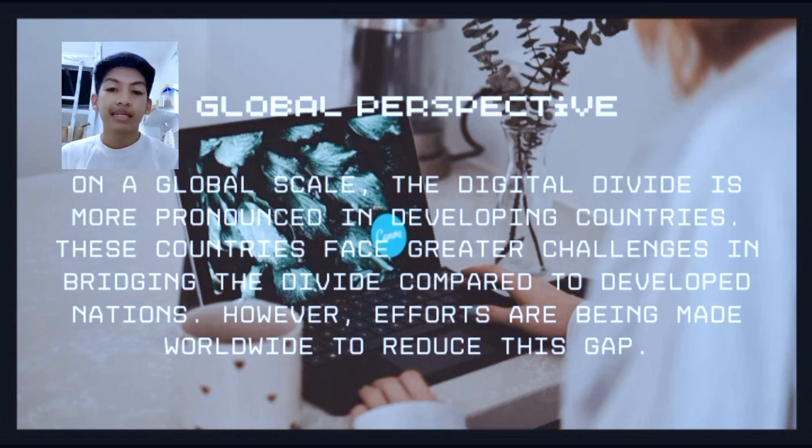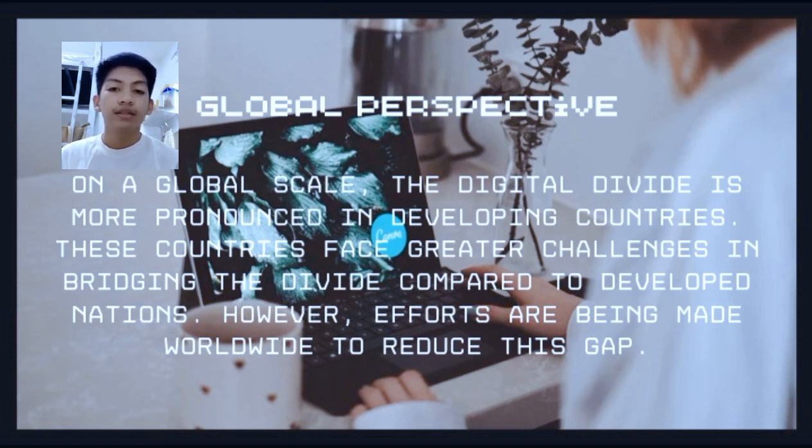So, the digital divide is more pronounced in developing countries compared to developed nations. Developing countries face greater challenges in bridging the divide due to various factors, and these factors include limited infrastructure, inadequate funding, and lower levels of digital literacy.